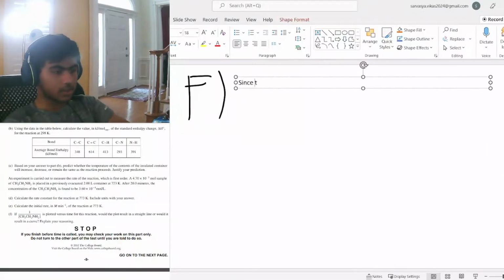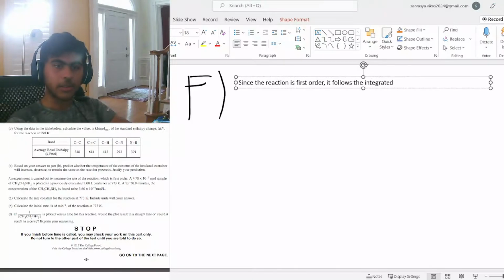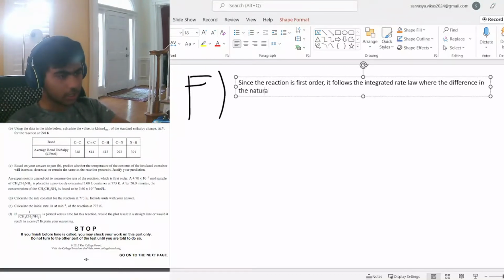Well, since the reaction is first order, it follows the integrated rate law that we used above, where the difference in the natural logarithms of the 2 points makes a linear graph.